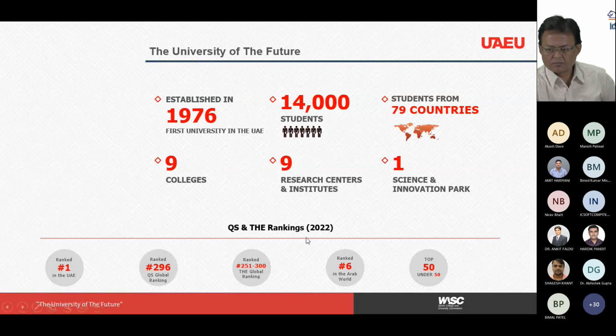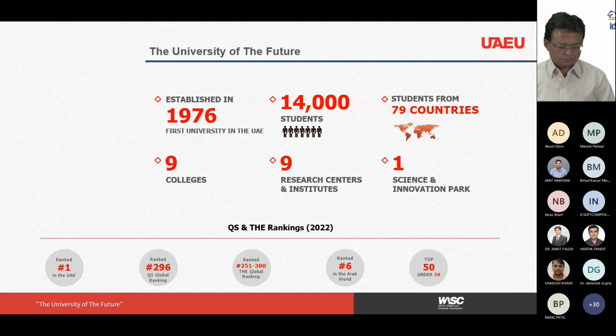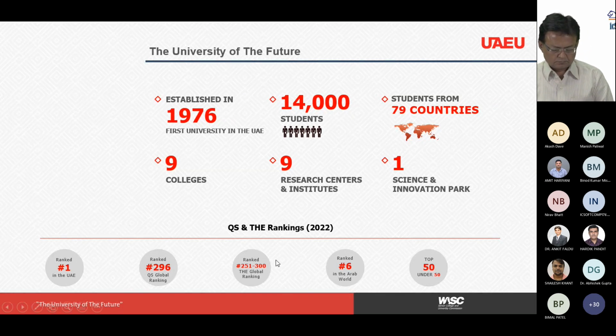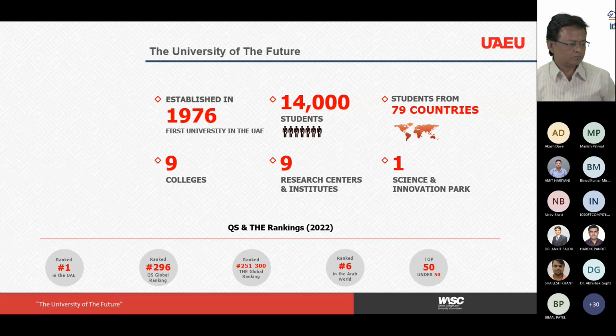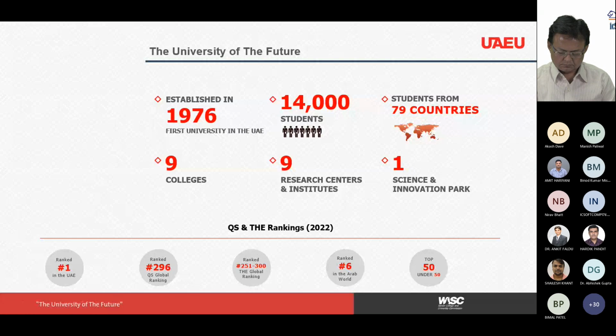The rankings are from QS and Times Higher Education, THE. We are ranked 296 in the QS global ranking and 251 in the global ranking of Times Higher Education. We are number 6 in the Arab world, and we come under the top 50 universities which were established in the last 50 years, in the whole world.